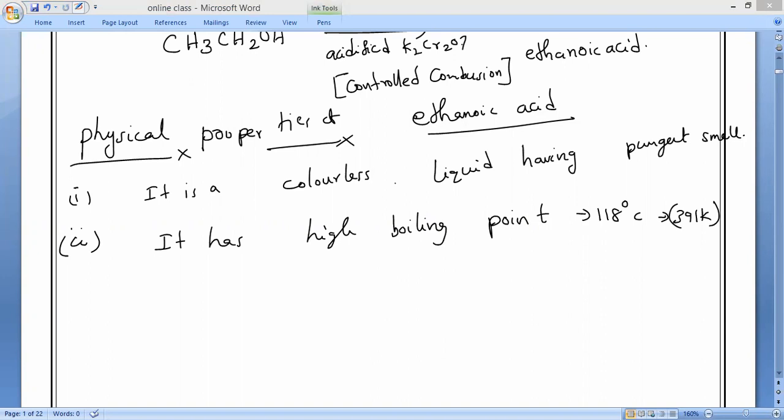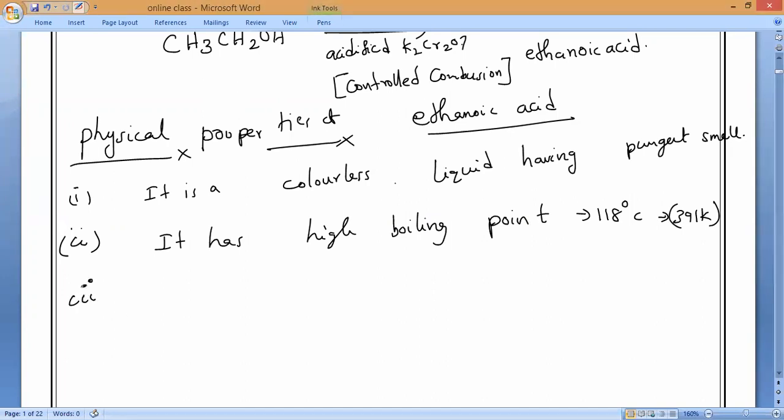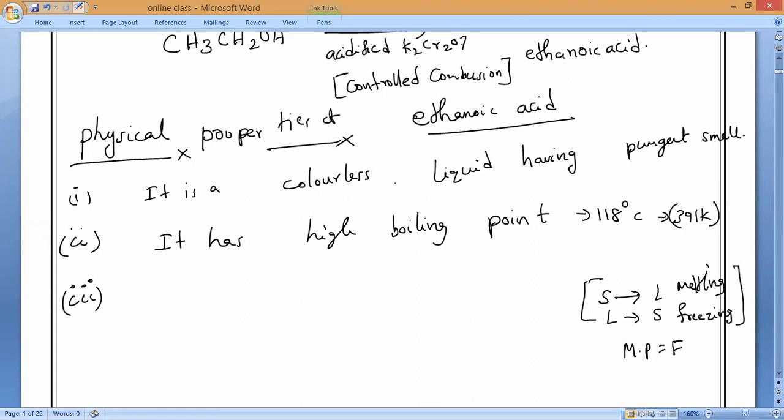Now, you all know when we are converting liquid into solid, we call it something. What is that called? Anyone? In chemistry, solid to liquid we call melting, and liquid to solid we call what, guys? Freezing. So for a given substance, melting point equals freezing point.